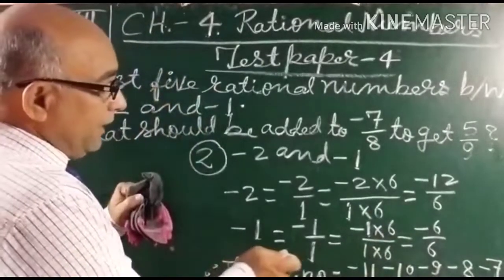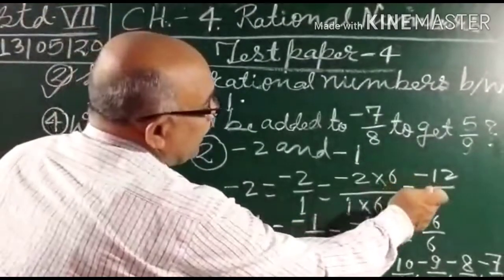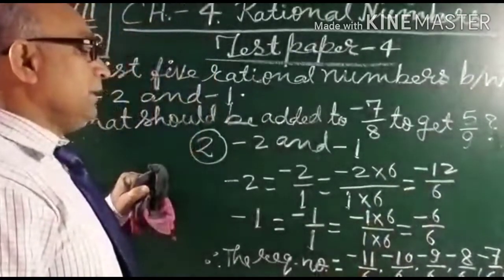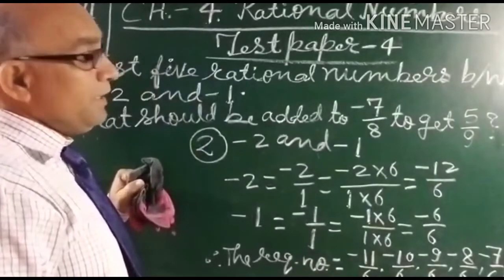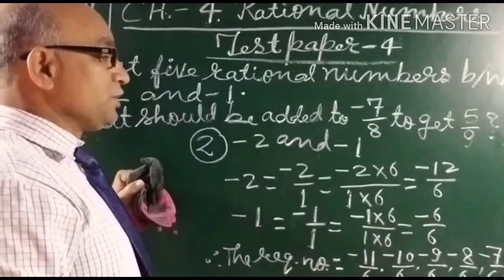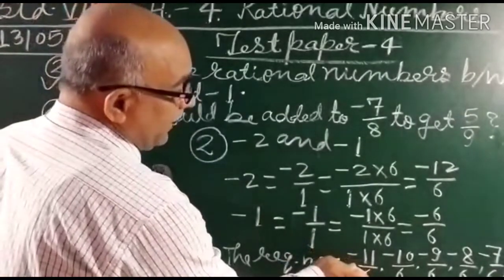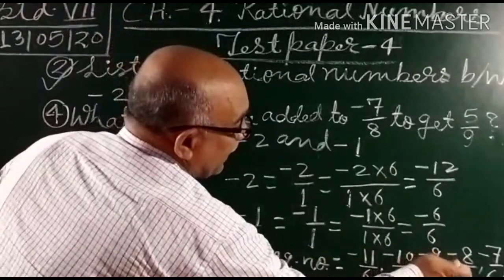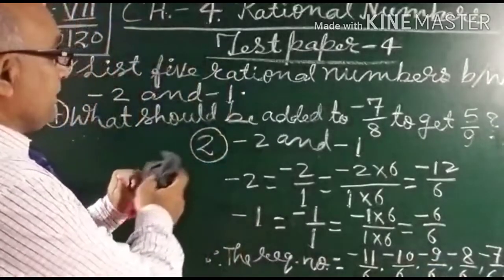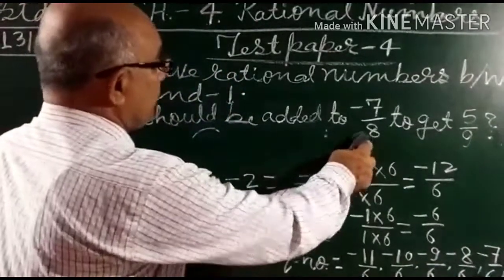Now the required numbers between -12 by 6 and -6 by 6 are -11 by 6, -10 by 6, -9 by 6, -8 by 6, and -7 by 6. Question number 2 is solved.